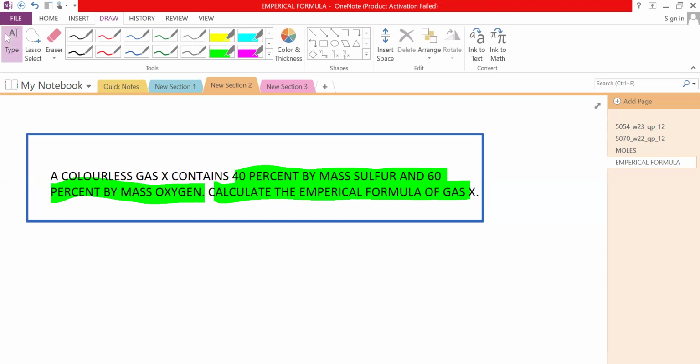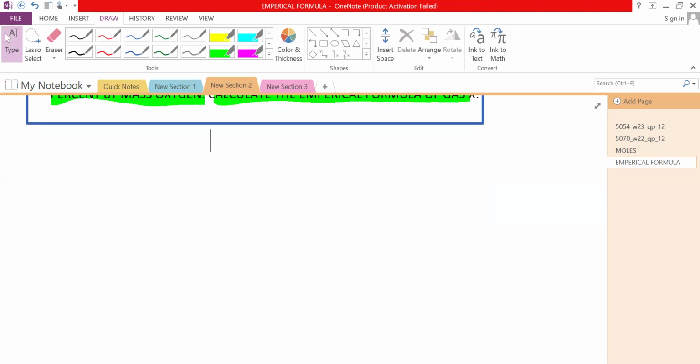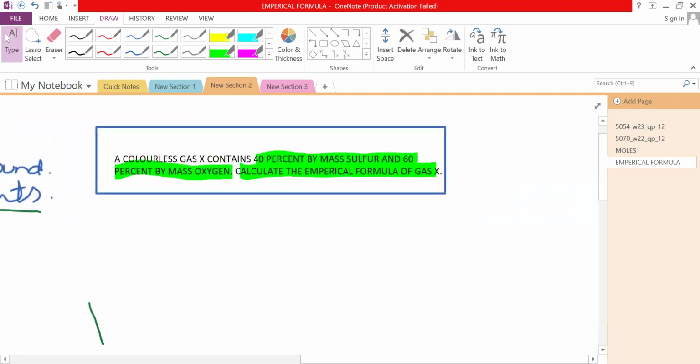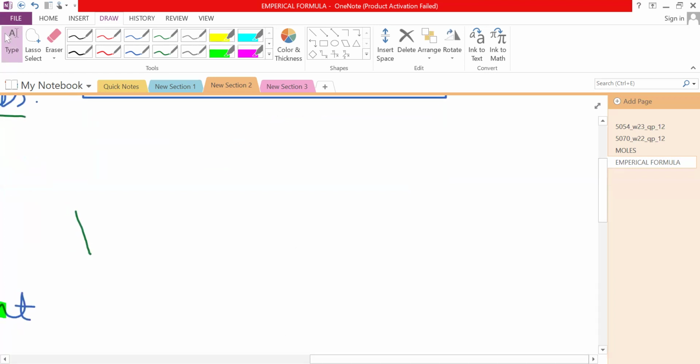The first step to calculate the empirical formula is to make two columns. The first column would be for sulfur and the second one would be for oxygen.